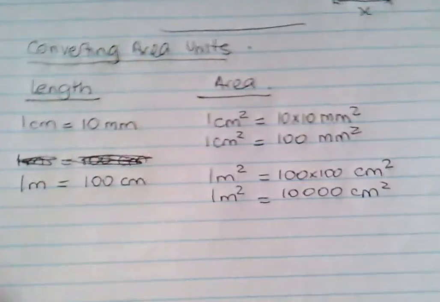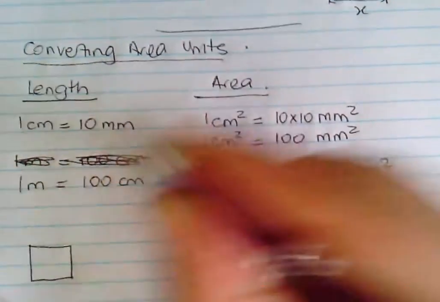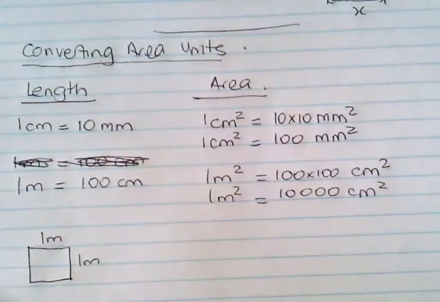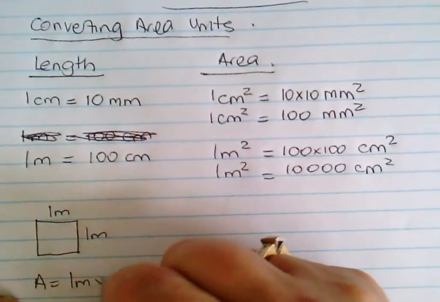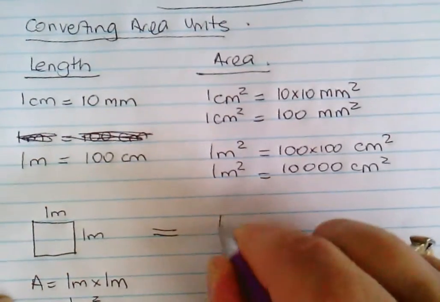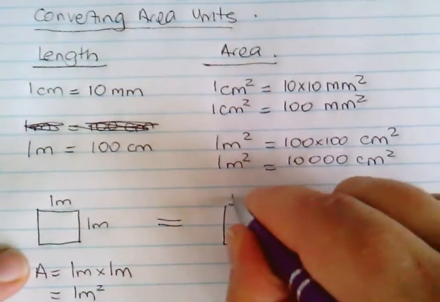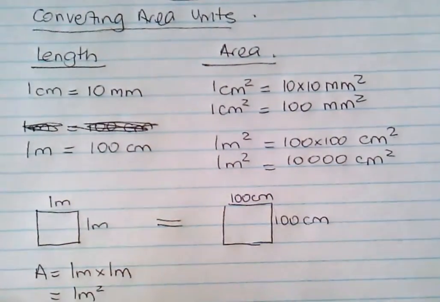Now, the reason this works, I'll just draw it down here. I'll just show you why it all works. If this is 1 metre and this is 1 metre, then the area of this is 1 metre times 1 metre, which is 1 metre squared. Now that is exactly the same as me drawing this square. 1 metre is 100 centimetres and 1 metre is 100 centimetres.